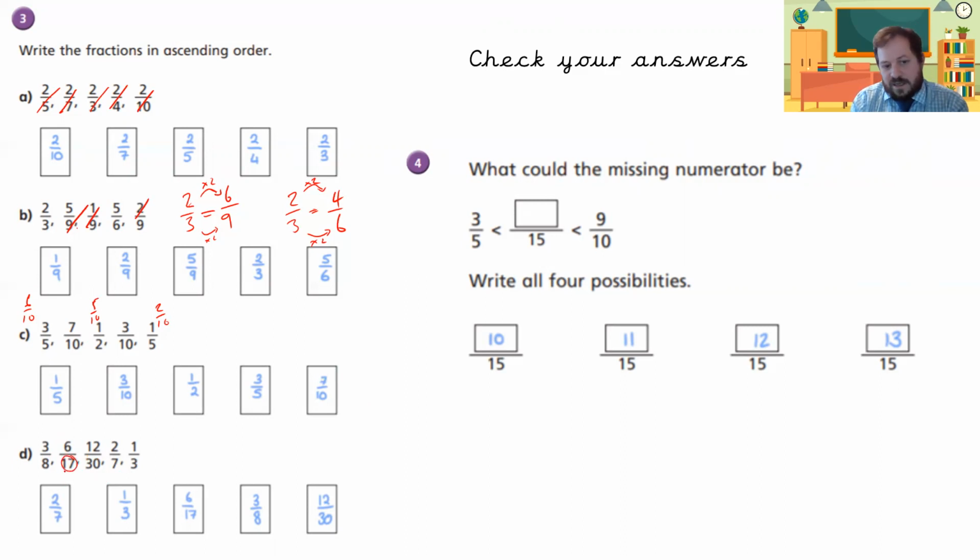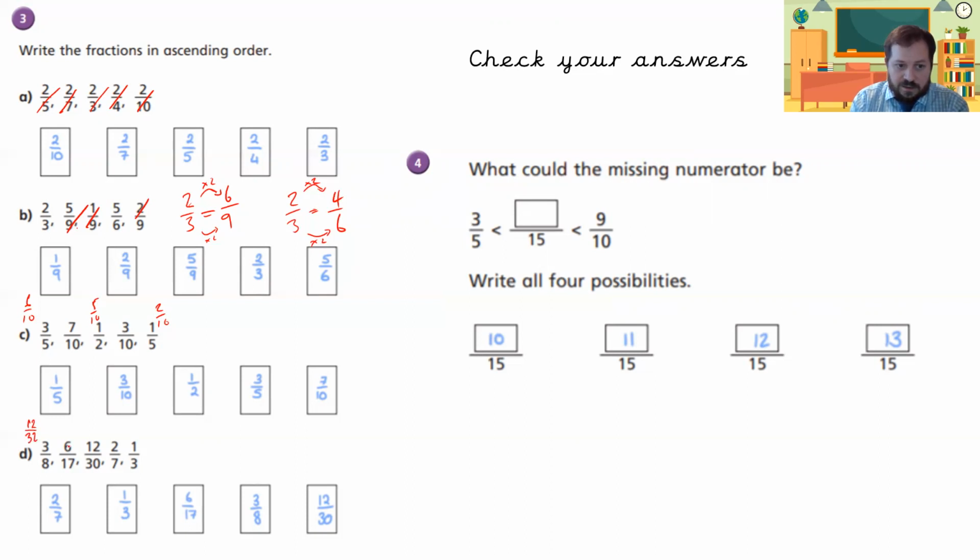This one here is interesting. It doesn't lend itself very nicely to finding the same denominator. So instead we look at our numerators. This number will go into 12, this number will go into 12, this number will go into 12, and this number will go into 12. So we just make them all have 12 on the top. In order to get 3 to 12, I times by 4. So 8 times by 4 is 32.